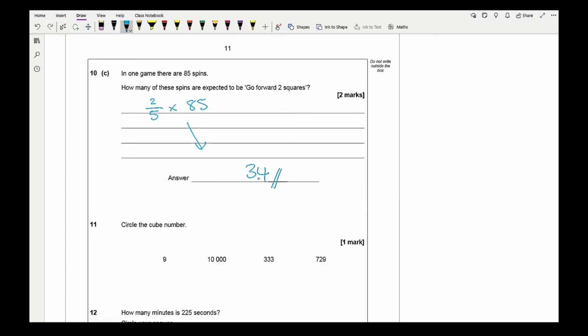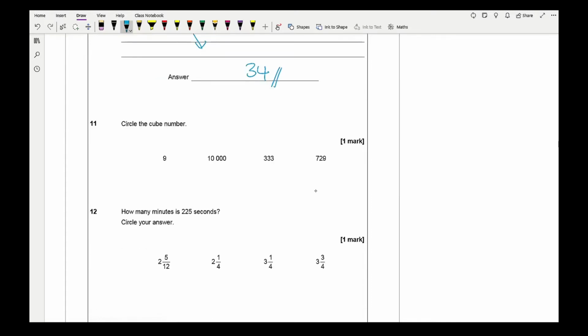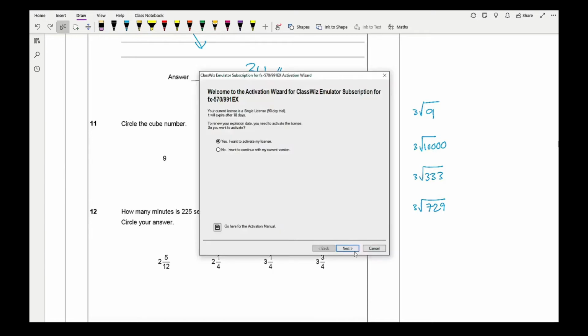Now the next question says circle the cube number. For this, if you're not too sure about your cube numbers, all you need to do is type in the cube root of each of these on your calculator and see which one gives you a whole number.